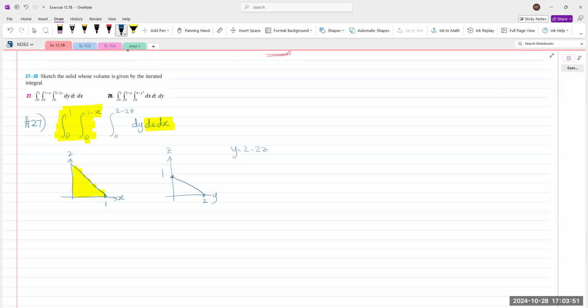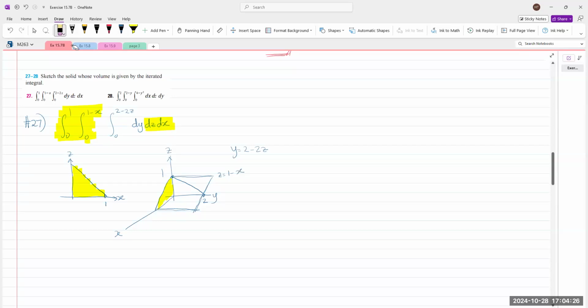Okay, let's graph it in 3 dimensions. This is the x-axis. This is the yellow domain we talked about earlier. Let's make it this way. That's the plane, this is the plane z equals 1 minus x.